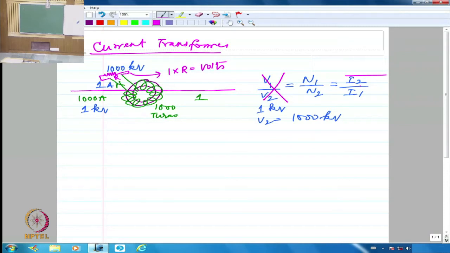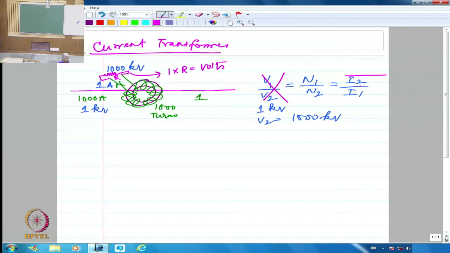So you may not get exact linearity in a current transformer and potential transformer at extremely larger values or extremely smaller values. Extremely larger values you may encounter saturation, extremely smaller values you may see hysteresis. So in both cases the transformer is not working in the linear range.